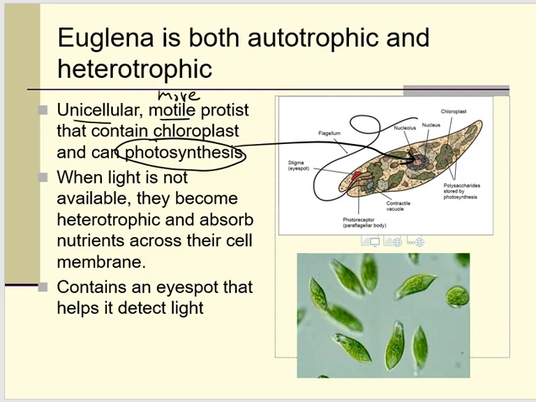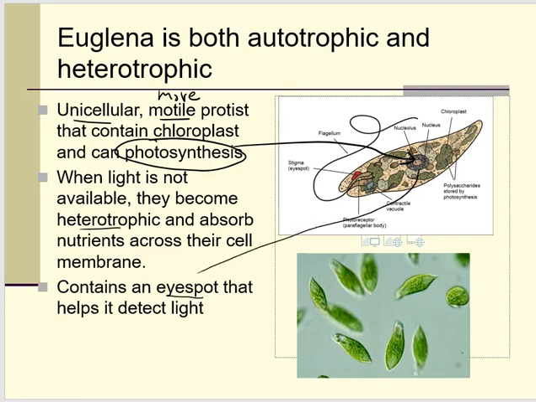Okay. These guys are autotrophs and heterotrophs. When there's no sun, they can go feed on other single-celled organisms. But when there's sun, they all come to the surface of the water and absorb sunlight. At night, when the sun goes down, they go back deep in the water and find other food sources. All right?